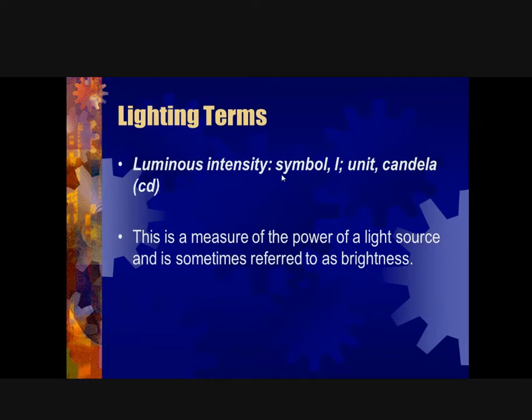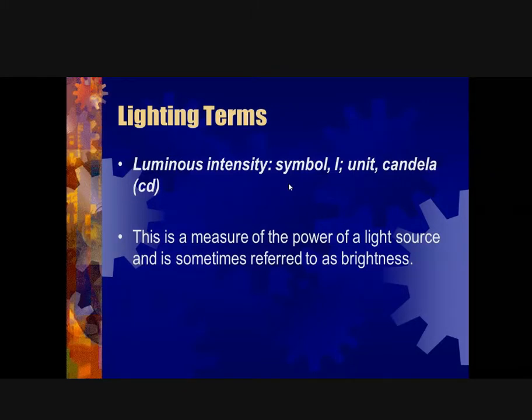So when we refer to how bright a light is, for instance, you might say this light is not bright enough, a 5-watt bulb is not bright enough, we are really talking about the luminous intensity. It is the intensity of the brightness coming from the light, and its unit is candela, coming from the word candle.